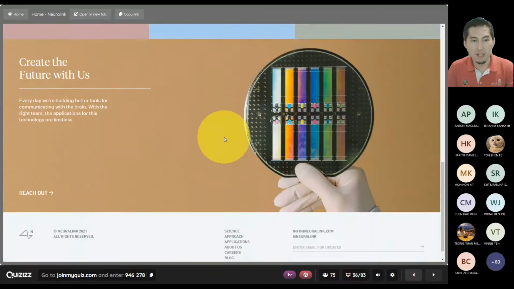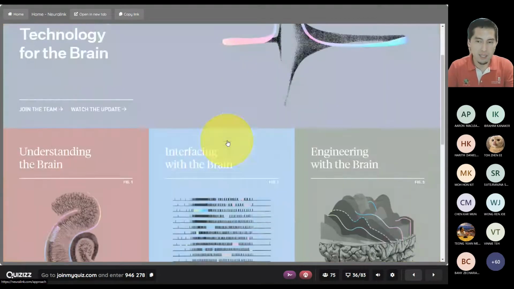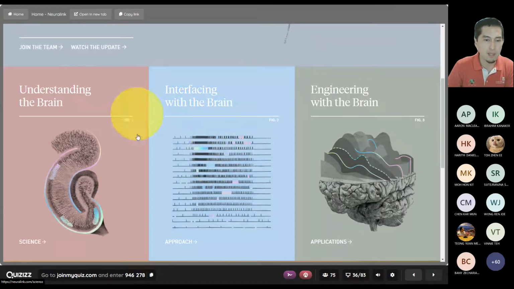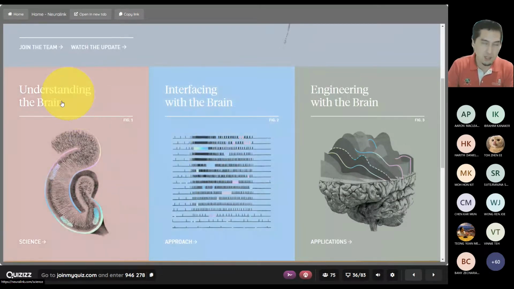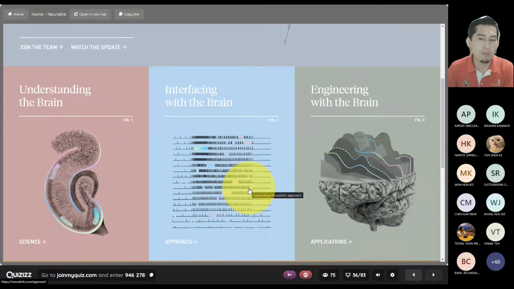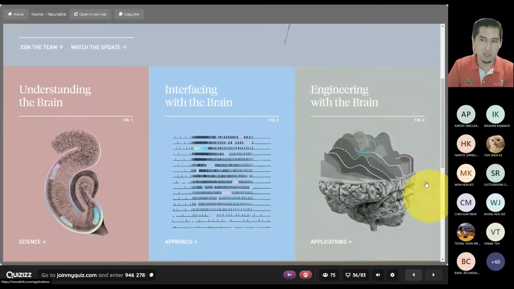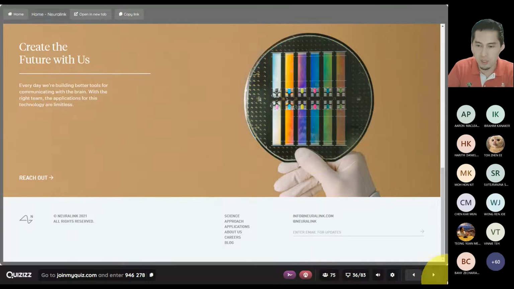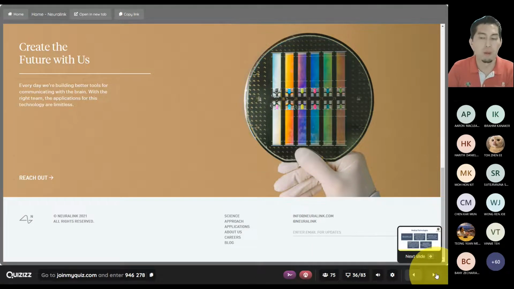One of the main things he is doing is trying to sense the brain, identify certain trends and patterns, and even receive instructions from the brain. As you can see, there are three main parts he has looked into. What is the science behind what he is trying to do? What is their approach when they try identifying and translating what the brain is doing? And what applications are coming out of it. All right, so you can check out what Neuralink is all about if you're interested.